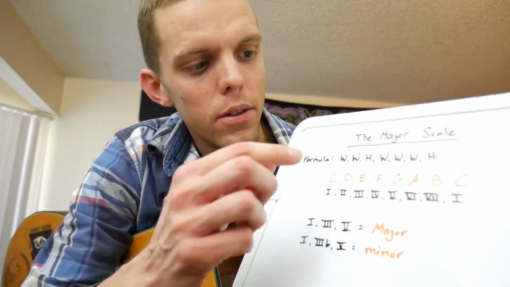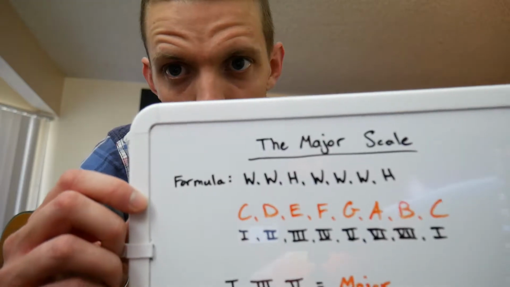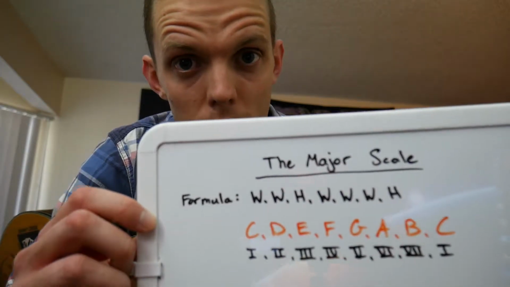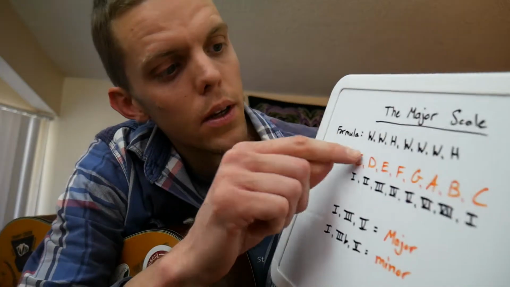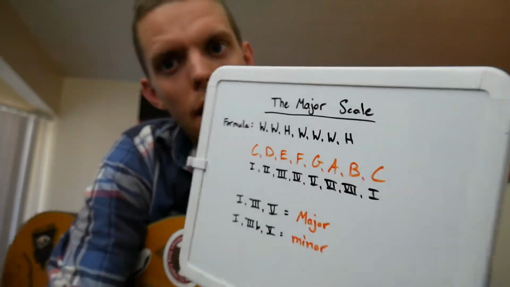So the formula is whole step, whole step, half step, whole step, whole step, whole step, half step. And that's the formula for the major scale.